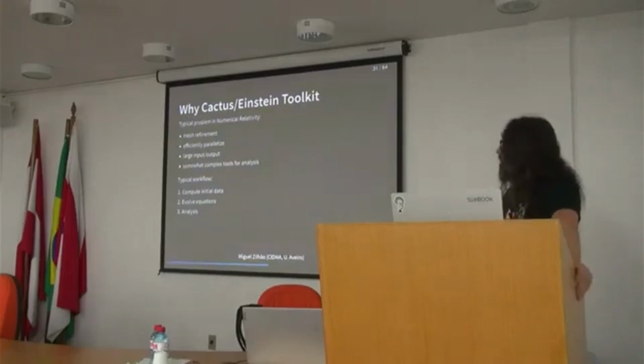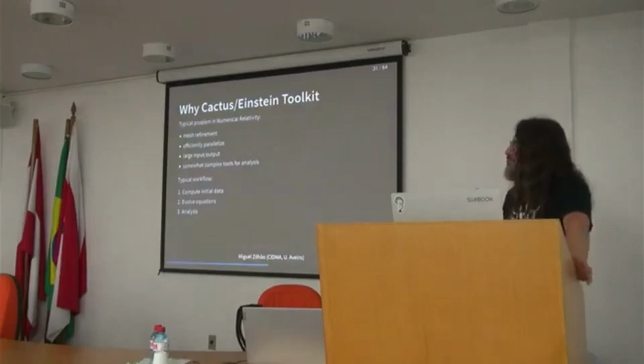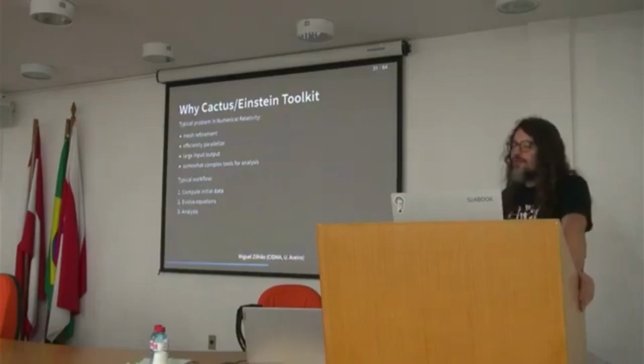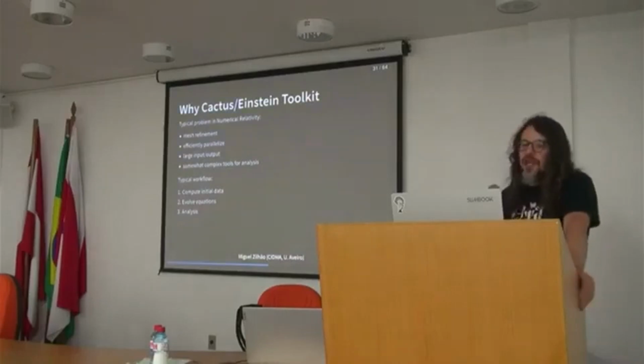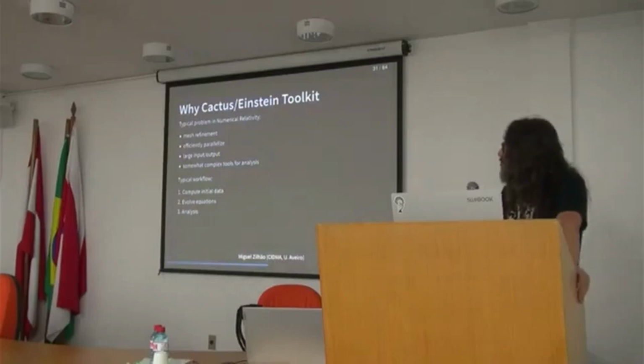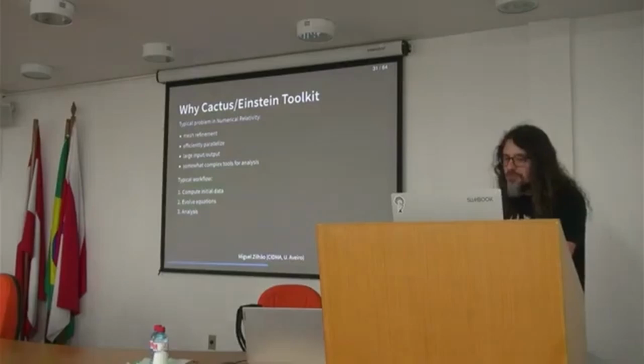enters the problem, right? So for a typical problem, not just in numerical relativity, I mean, many of these things are transversal to many fields of computational physics, such as fluid dynamics, for instance. But in particular, for numerical relativity, for a typical problem, you need to have this list of things, right?